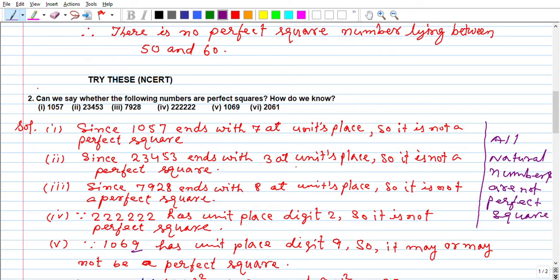Dear learners, it is required to memorize the squares of some numbers, from 1 to 30 at least. We will learn them, and it should be learned.